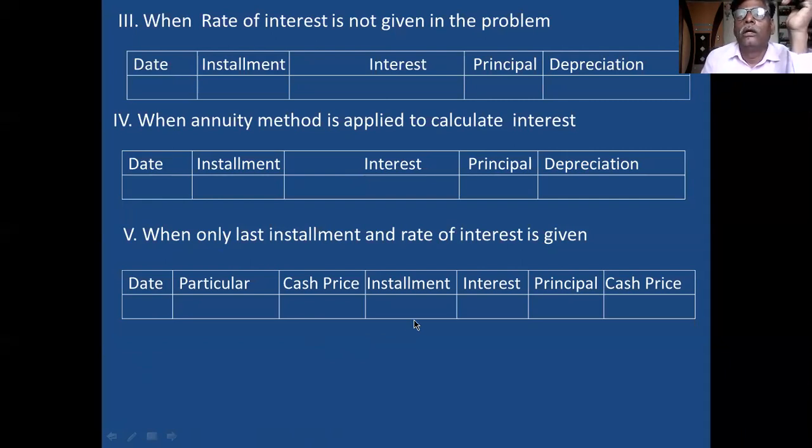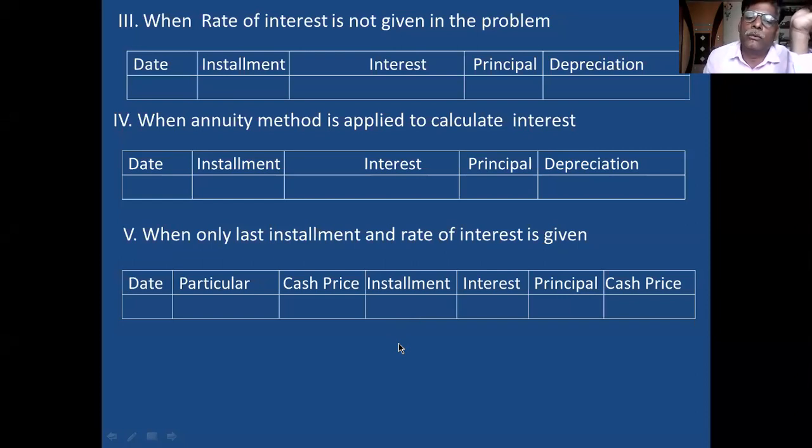Tomorrow I'll take one example on each. First method, one example. Second method, one example, like that. I will take five to six examples on calculation of interest. And thereafter, I will take the accounting procedure. And in this chapter, the important aspect is calculation of interest.